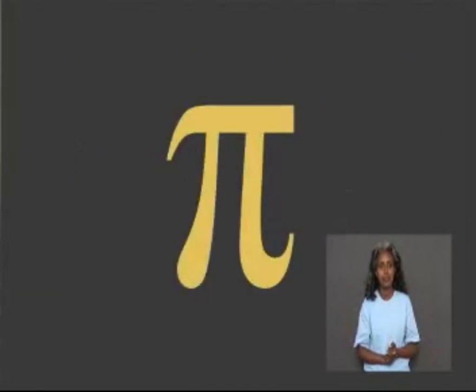The most well-known irrational number is pi. Pi is often represented as the fraction 3 1/7, or as the decimal number 3.1416.